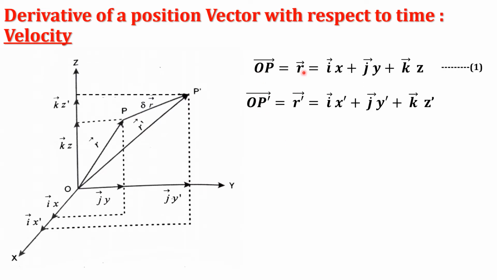Now we have two vectors: the position vector r at time t and another vector r dash at another time t dash.